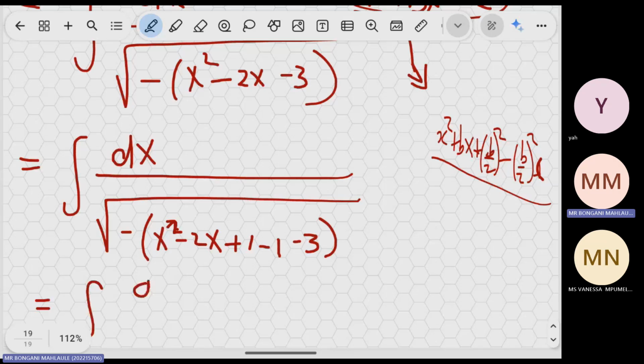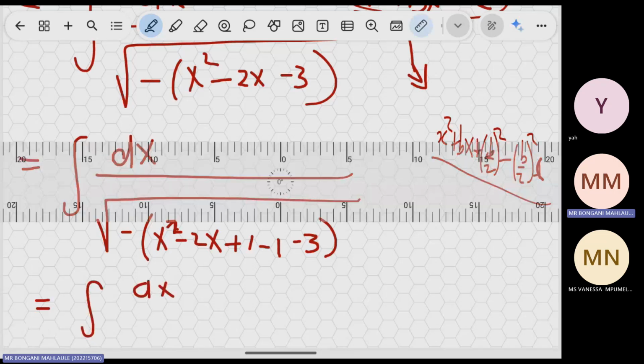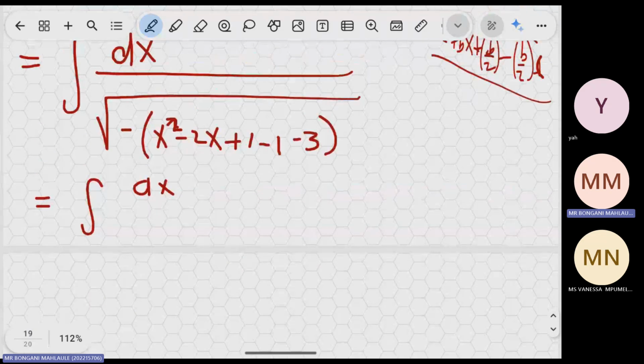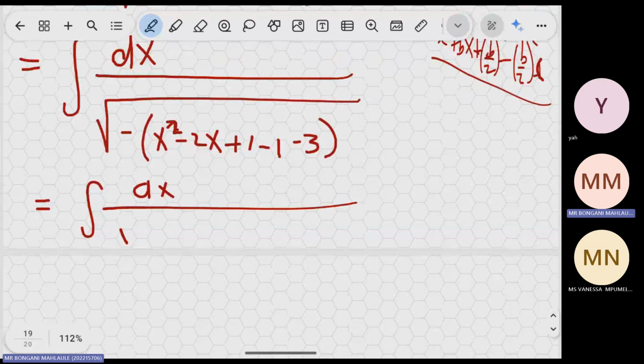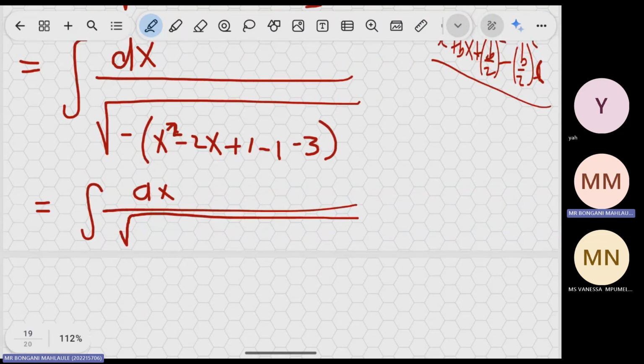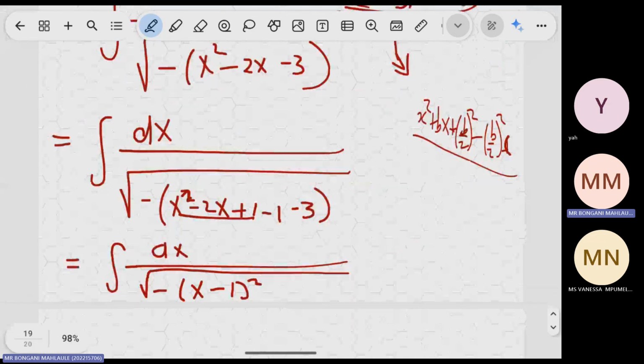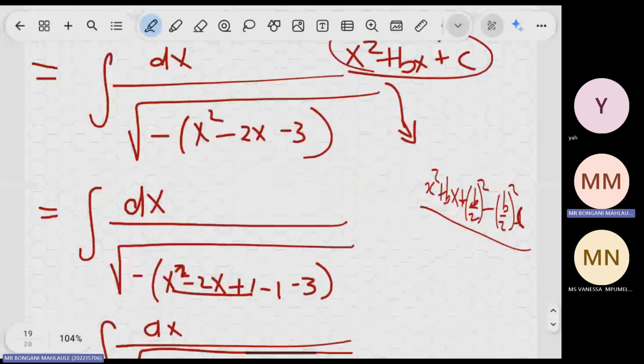Then you will have the integral of dx over the root of negative. This part we can actually just say is x minus 1 all squared. So the negative 1, where am I getting it?